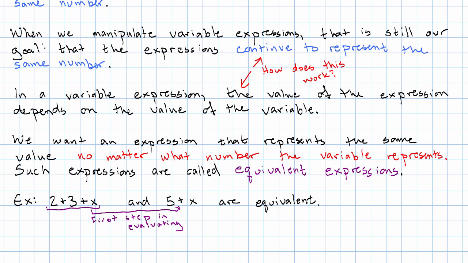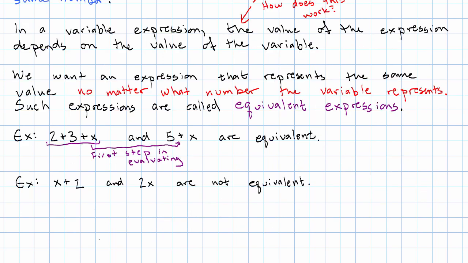On the other hand, the expressions x plus 2 and 2x are not equivalent. Why not? Well, if x represents the number 4, the first expression evaluates to 6, the second expression evaluates to 8, 6 is different from 8.